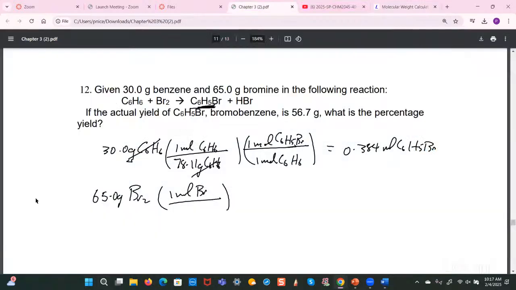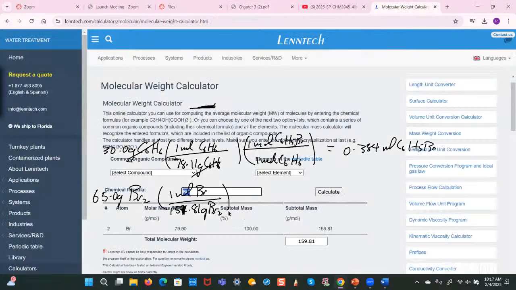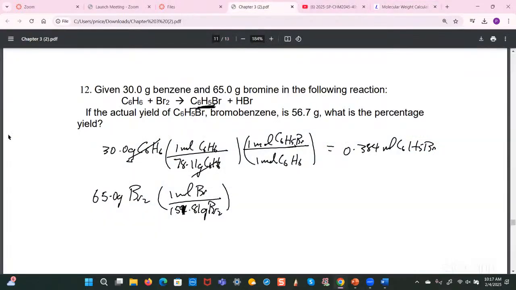Let me make sure I'm telling you the right thing. So 159.81 grams of bromine.